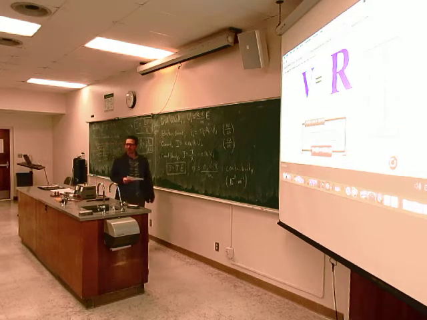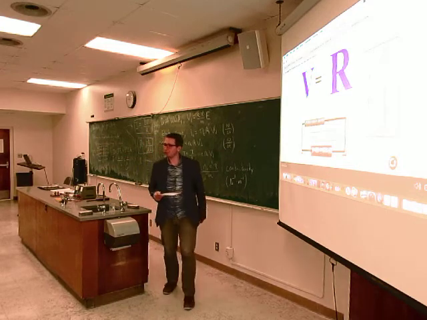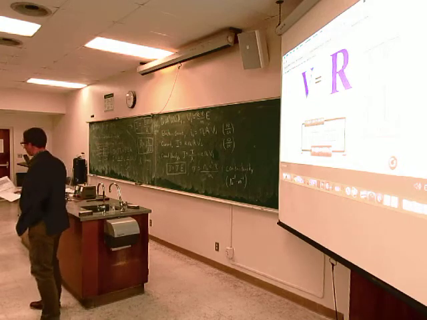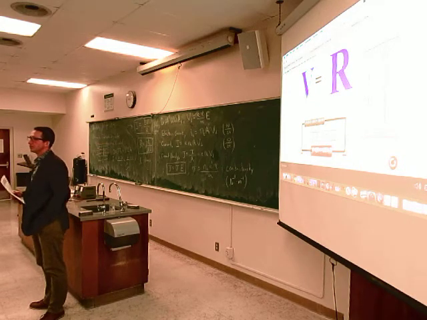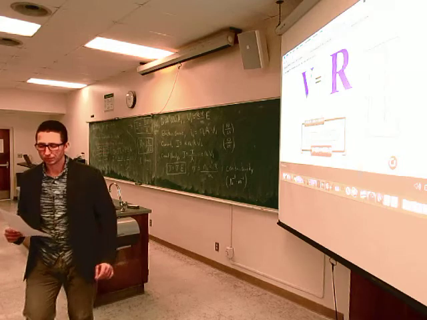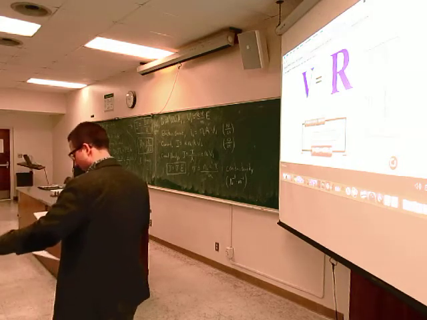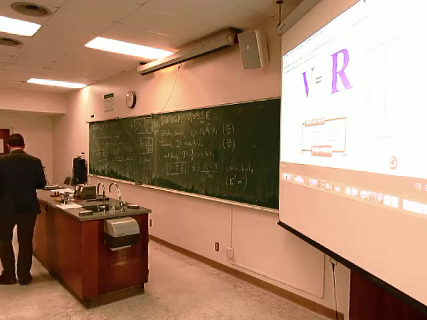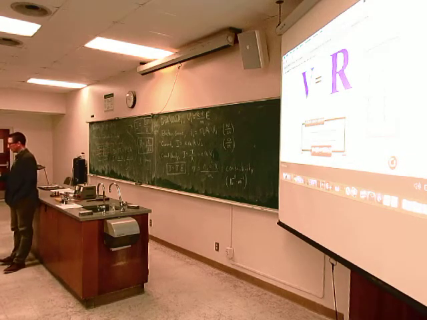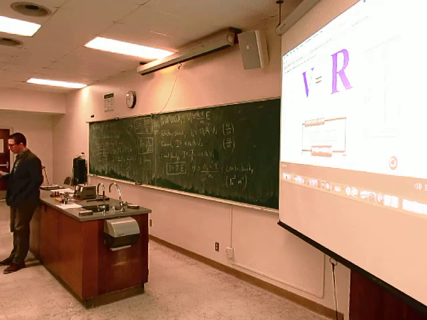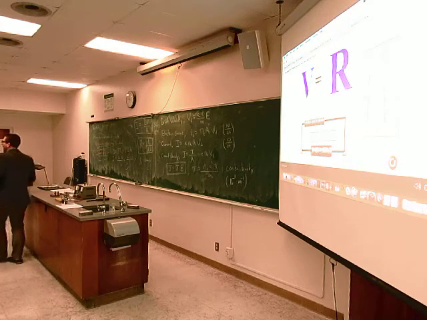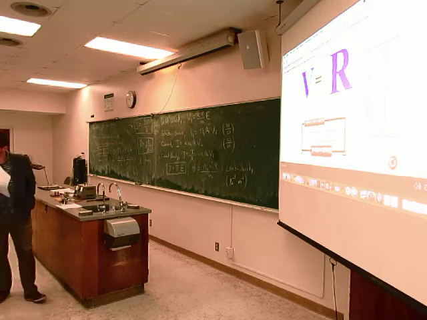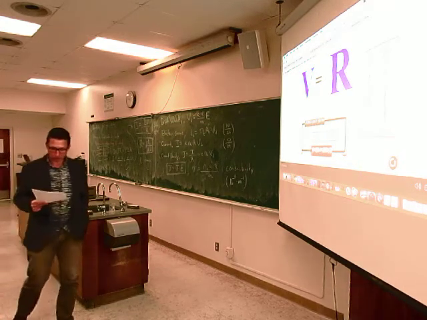So what does that curve look like? Individually, I want you to sketch your prediction. Technically, what we're doing is we're defining a resistor to be one that obeys Ohm's law.